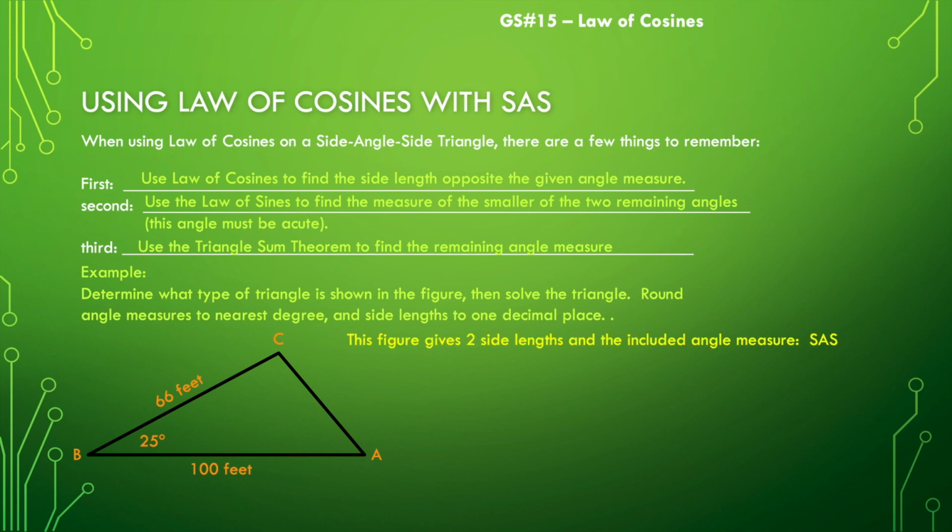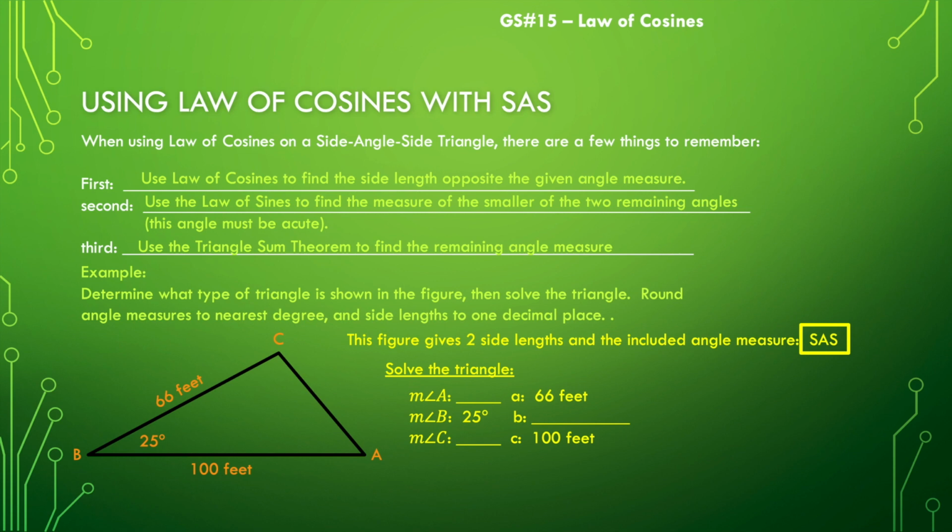This particular triangle gives us two side lengths and the angle measure in between them, so we know that this is an SAS triangle. We want to solve the triangle, which means finding every angle measure and every side length.